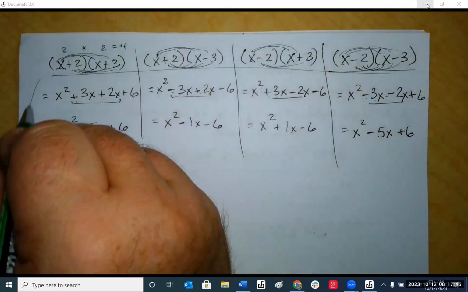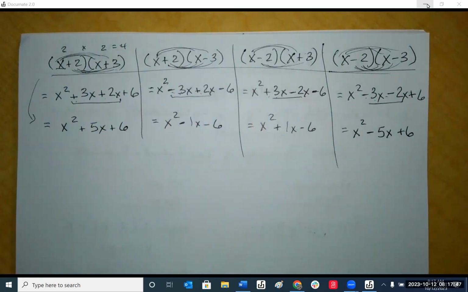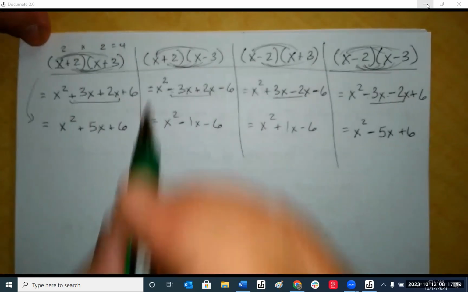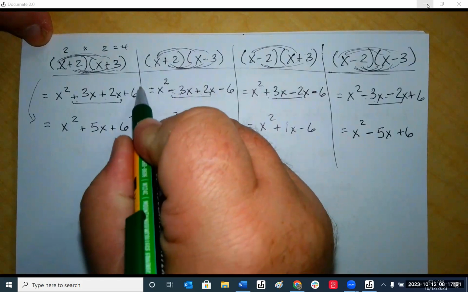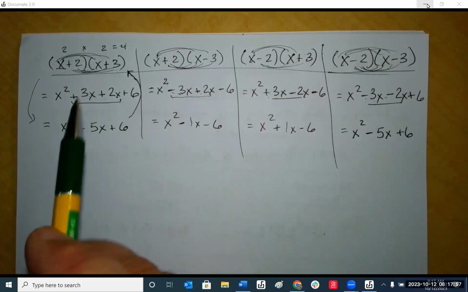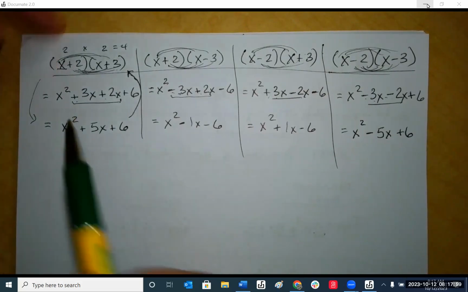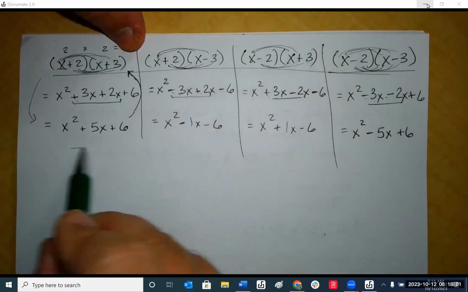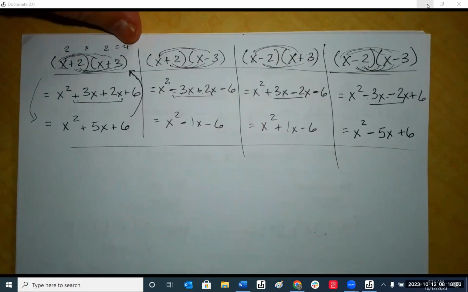That's called distributivity. When you go this way, it's called distributivity. Factoring goes the other direction. When you factor, you're going from higher exponents to lower exponents. So here are the steps.